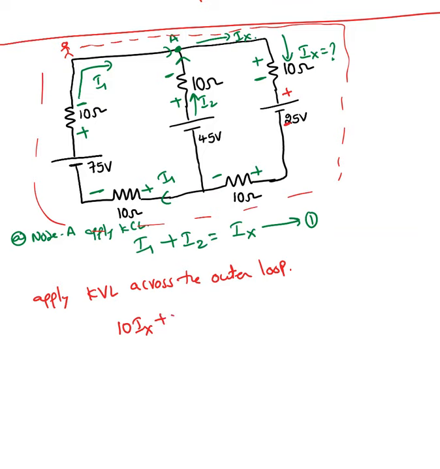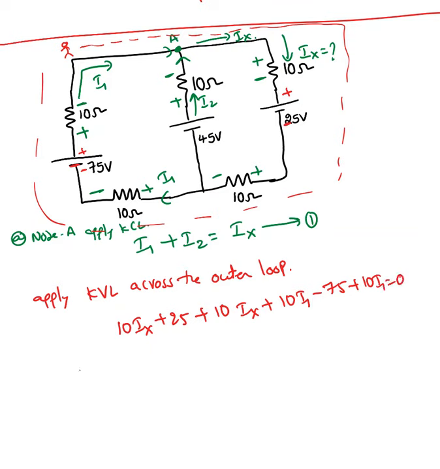So plus 25 plus 10, what is this? This is plus 10 Ix, and plus 10 I1. Now here I'm entering the negative terminal, isn't it? Because this small one is always negative. So minus 75 plus 10 I1 equals 0.